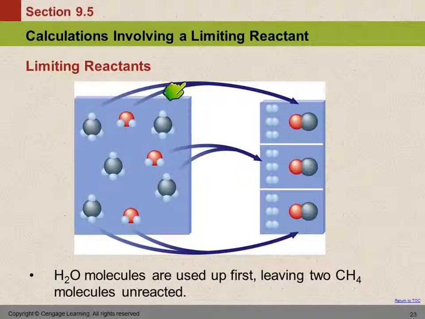Those are going to react to form these products, and these two can react to form those products, and these two can react. But what's left over? We got this guy and this guy. They have no water to react with, so they get left over. What's the limiting reactant? The water. The one that gets used up.